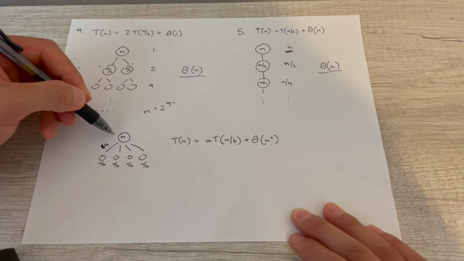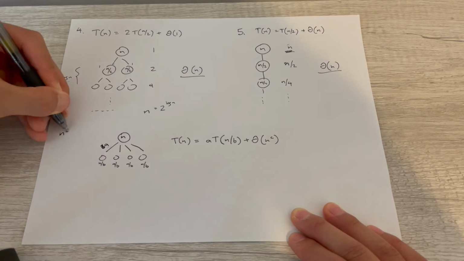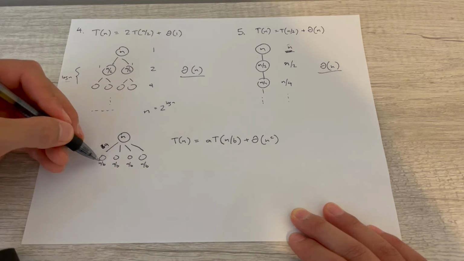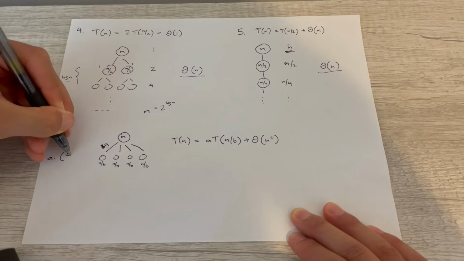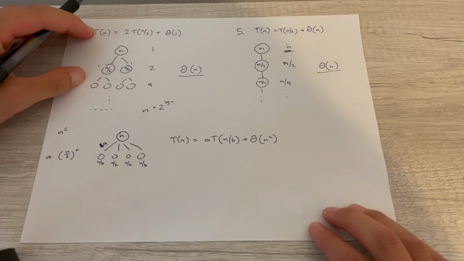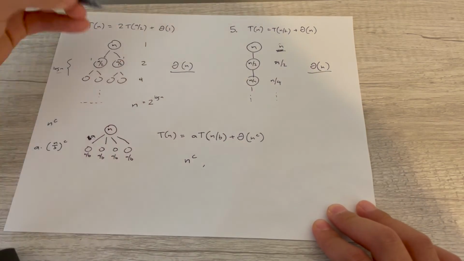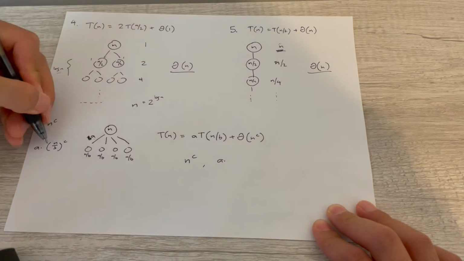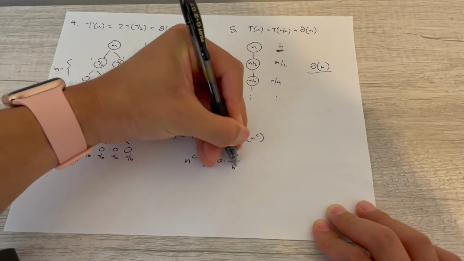At the top level, we're doing n to the c work. And at this level, we're doing A times n over b to the c work. So we're comparing n to the c and A times n over b to the c, which is n to the c times A over b to the c.